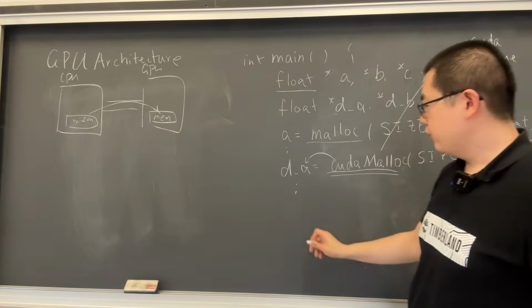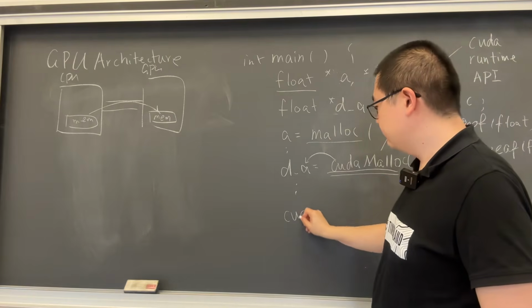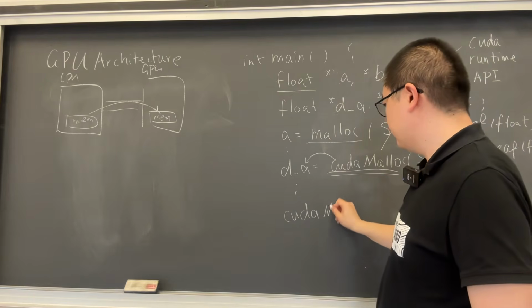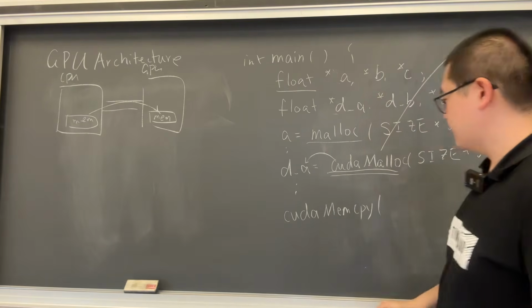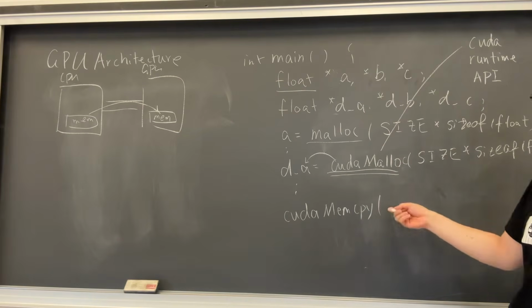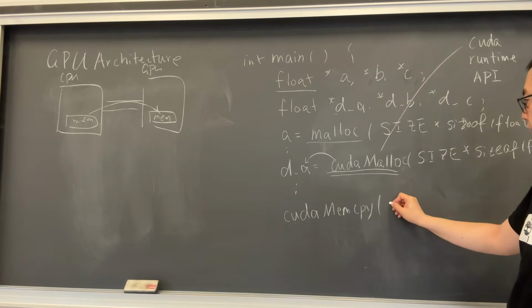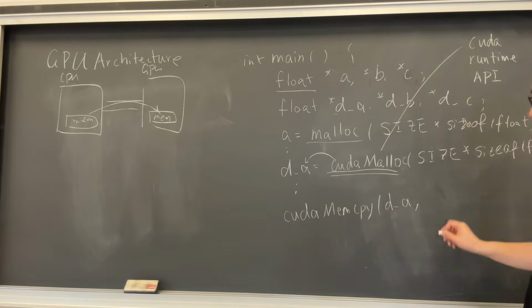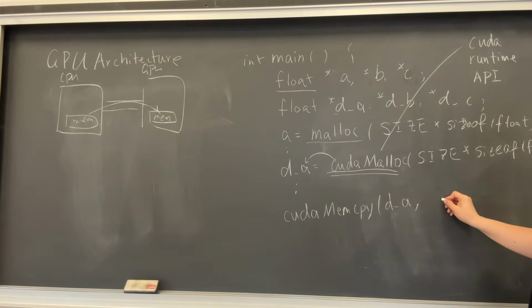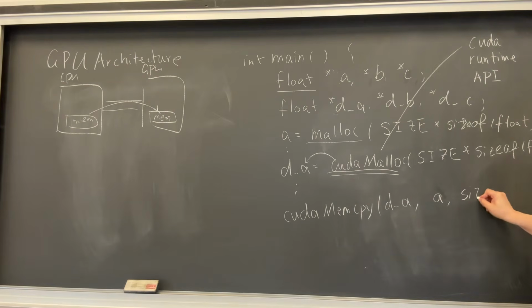In this case, we do a CUDA memory copy. As we know, memory copy typically has this convention that it starts with the destination. In this case, that is DA, right? Now we copy from A, right? Then size, I will just write size multiplied by 4, okay? That is the size.